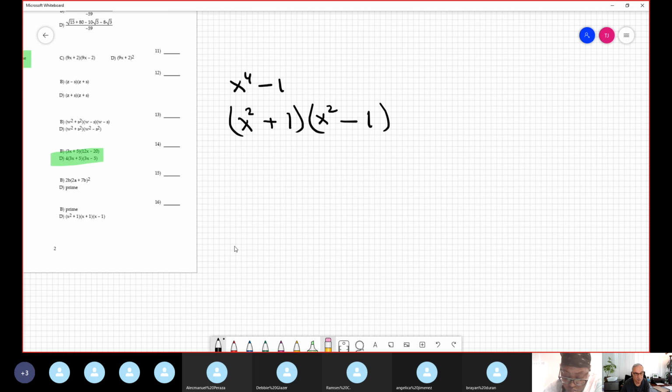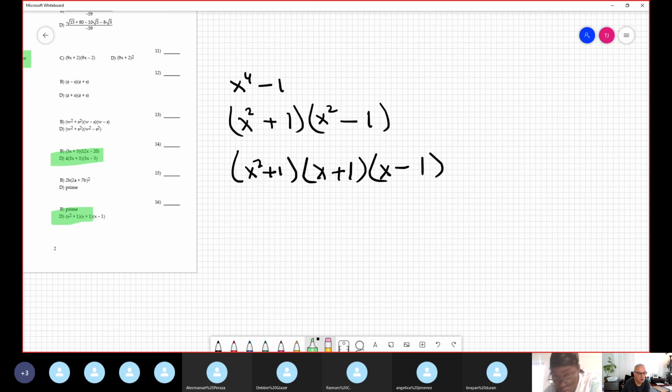The first one is prime, I don't do anything. The second is a factorable expression: x, 1, plus or minus. Final answer is option D. Okay, super. We are the best. How do you feel?